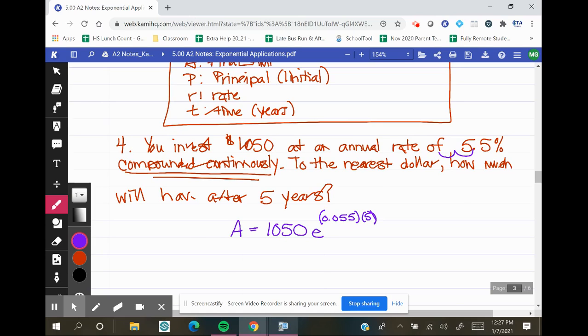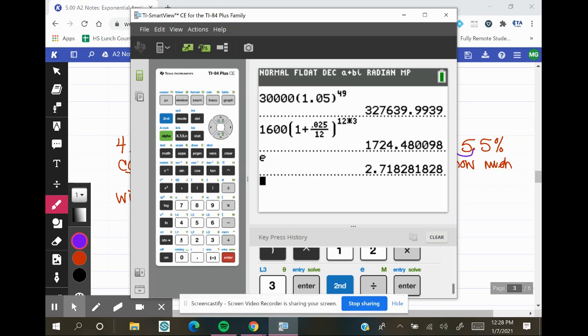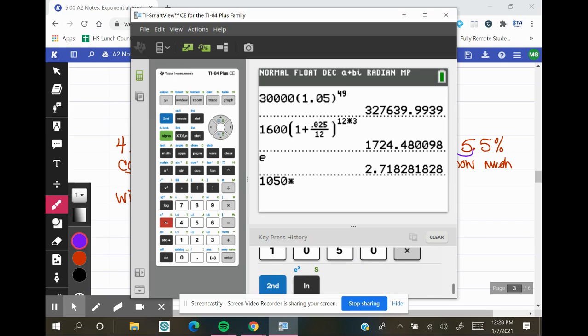Okay, so now we're going to go to our calculator, and we're going to type in 1050 times e. So before I showed you second divided by, this time I'm going to use the second ln button because that one gives me an exponent already on it. And then I can type in 0.055 times 5.